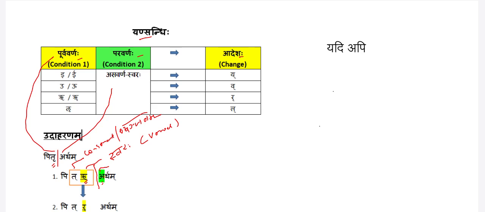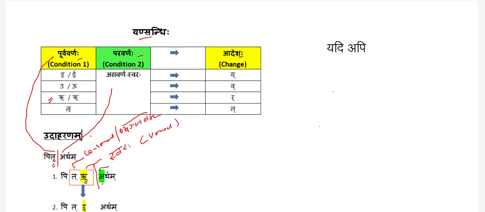So now we have to just go to this table and see if the conditions are being met so that the Yan Sandhi can be performed. If both the conditions are met, then only the Yan Sandhi can be performed. So the Purva Varnaha is Rikaraha. So we have this Rikaraha in Purva Varnaha, so condition 1 is met, and we have this Asavarna Swaraha.